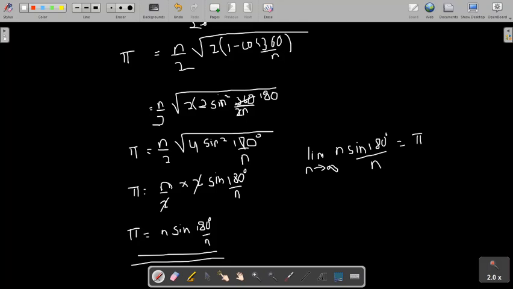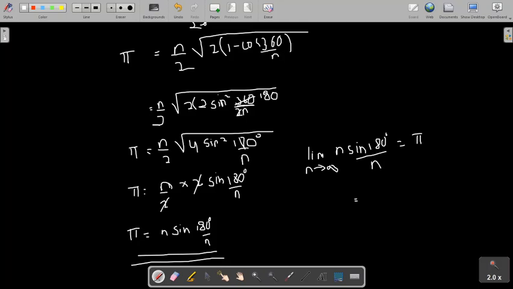So you could do it for yourself, but be sure to take the number as great as possible, like 10 to the power 6 multiplied by the sine of 180 over 10 to the power 6. And be sure that you don't make any mistakes in taking the number of triangles n, like writing n over here as 10 to the power 6 and n over here as 10 to the power 7.